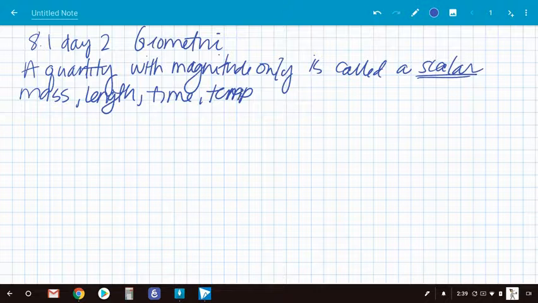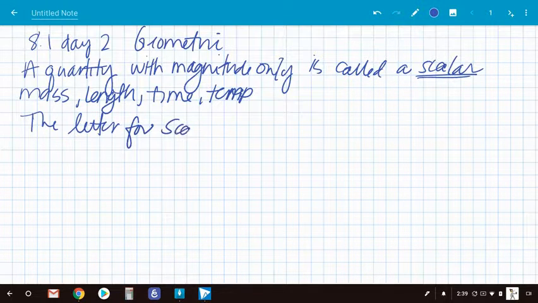Okay. Things that have a magnitude only. So like a number, but doesn't have an angle to it. And then the letter we use is just the cursive letter K. Okay. So the letter we use for scalars is the letter K.